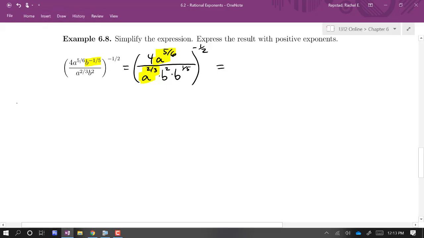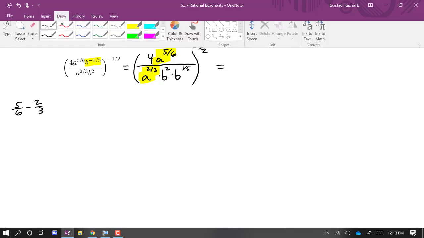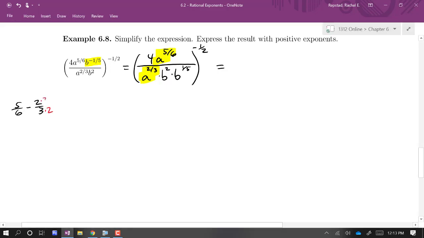So 5/6 minus 2/3, get a common denominator here. So this is 5 minus 4 over 6, which is 1/6. So that's a positive 1/6, which means I've got a to the 1/6 up top.